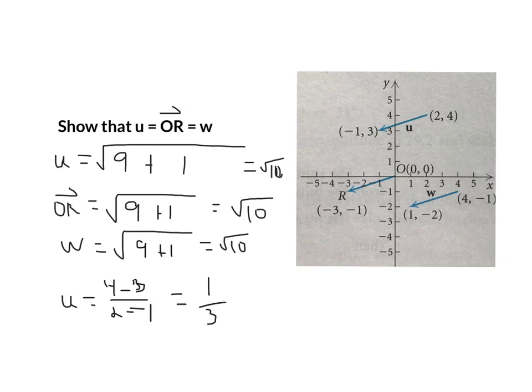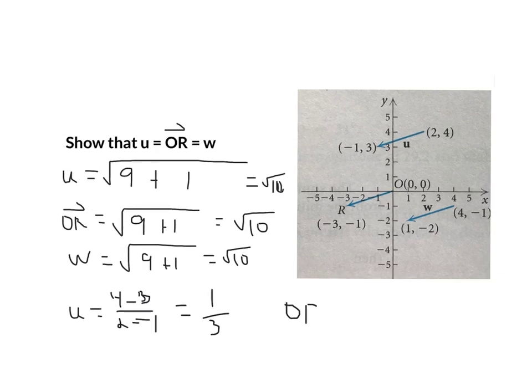Vector OR, if you do slope, y minus y, you get 1, x minus x, you get 3, so it looks good so far. And then vector W, y minus y is 1, x minus x is 3.